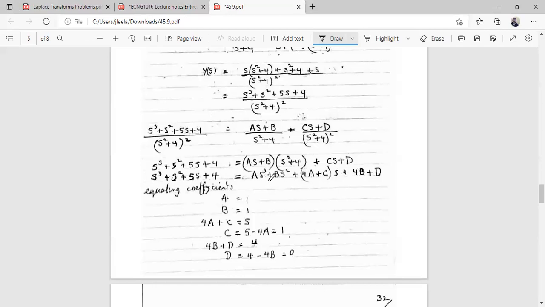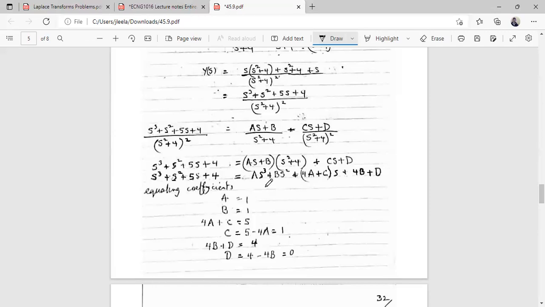On the right hand side, you equate your coefficients here. You have as cubed plus bs squared plus 4a plus c into s, plus 4b plus d.